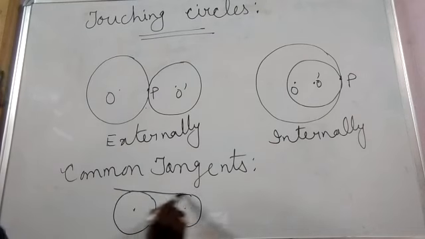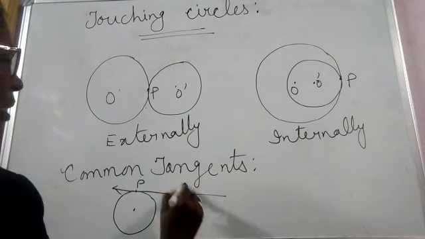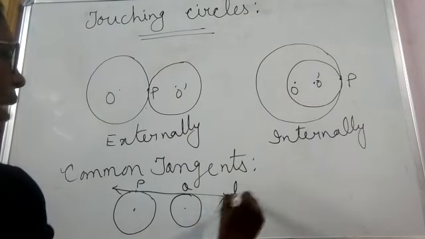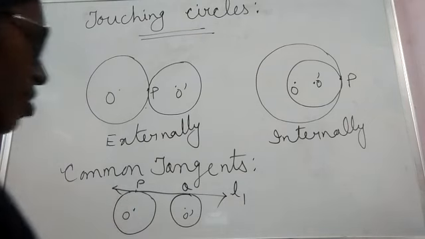This is a line touching this circle at P and this circle at Q. Let me name it as L1. L1 is touching these two circles with center O and O dash at P and Q. So this is said to be the common tangent.